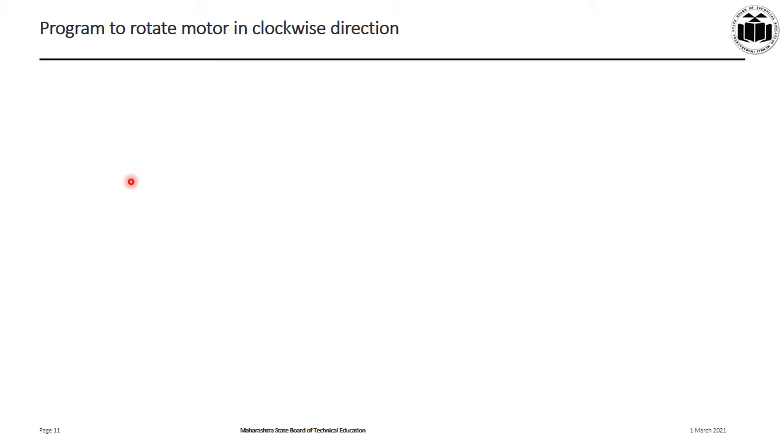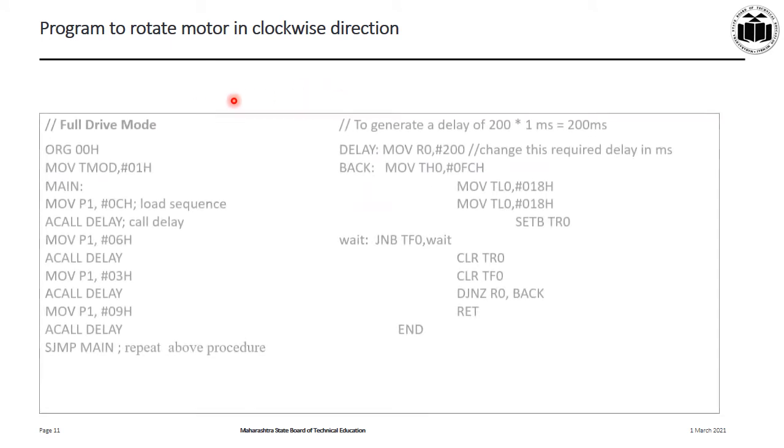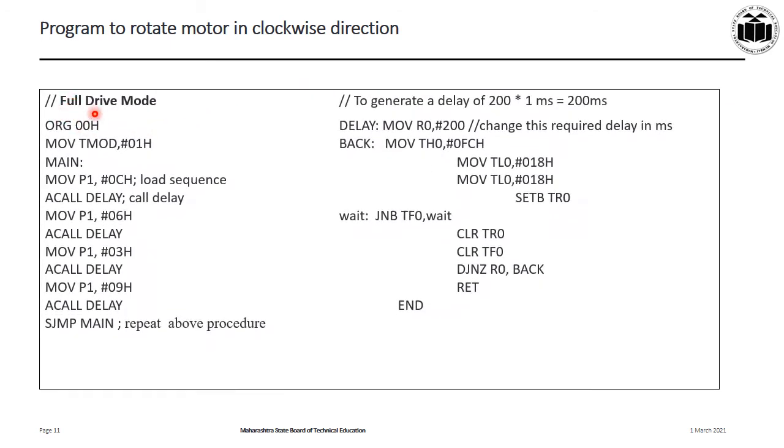We will see a program to rotate the motor in clockwise direction for full drive mode. So timer mode 1 is used here, and the sequence are loaded as C639 for clockwise, and there is a delay that is being called after each sequence is loaded, and sequence is loaded on port 1 because motor is connected on port 1.